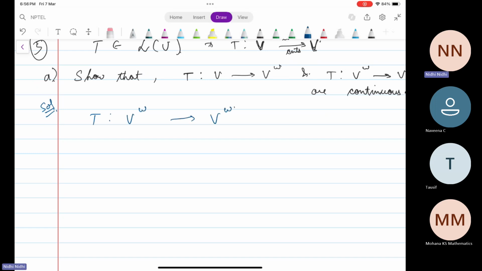So basically, in order to show that this is continuous, we need to show that every weakly open ball in V weak has a pre-image which is also weakly open in V. So instead of open set, I'll consider an open ball. Let U be an open ball in V weak.